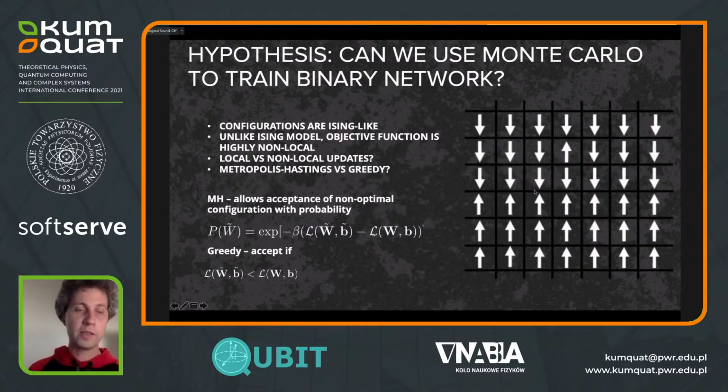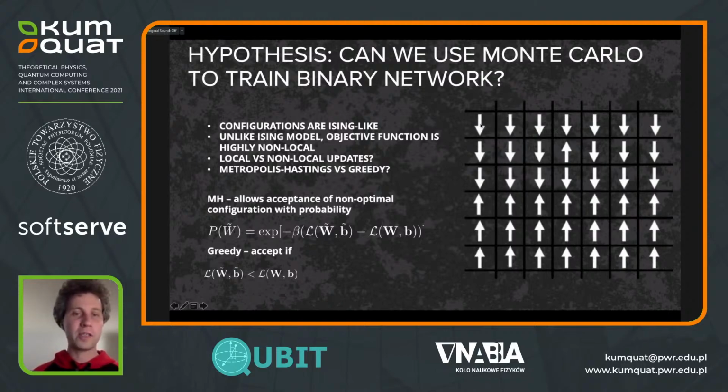And here, the difference between machine learning and the Ising model is actually quite drastic. On one hand, you have the similarity that your parameters are binary. On the other hand, you end up having very non-local energy rules. In the Ising model, your energy is usually local.